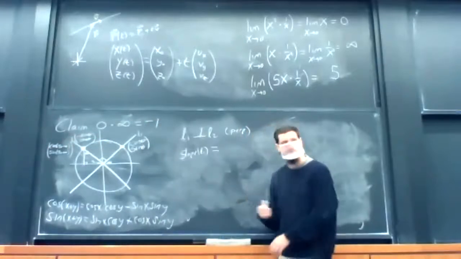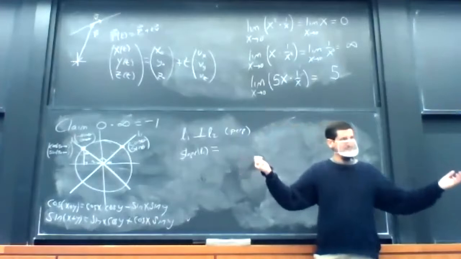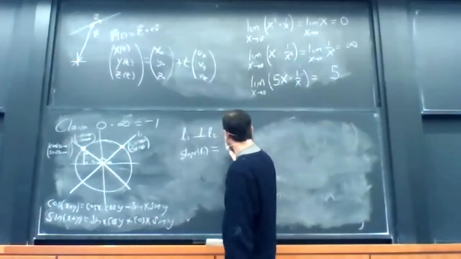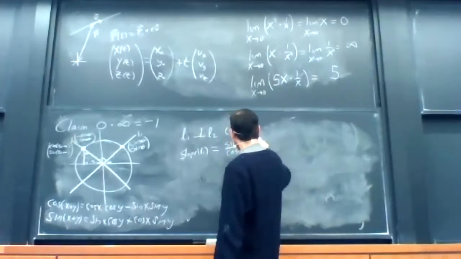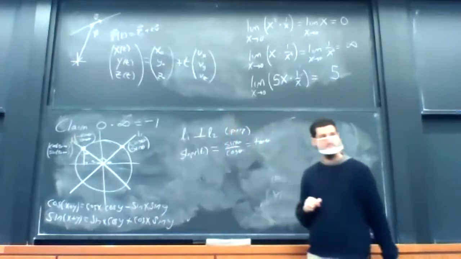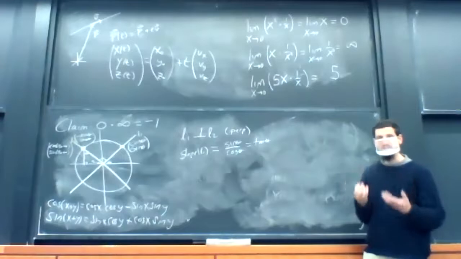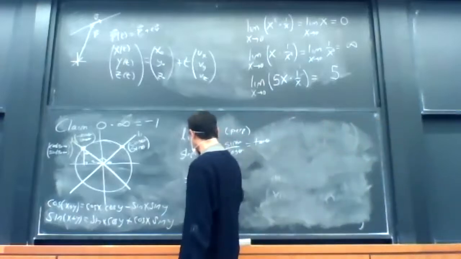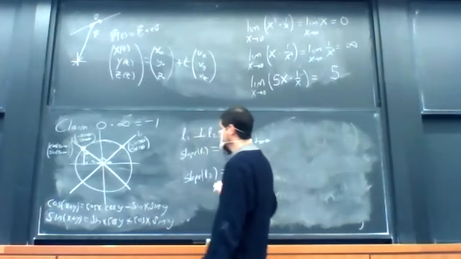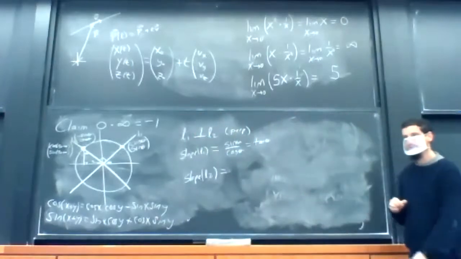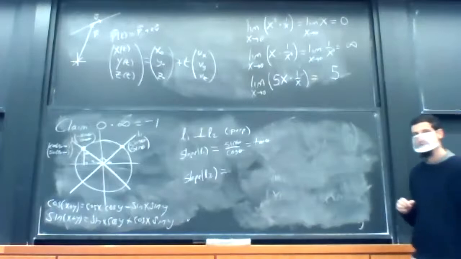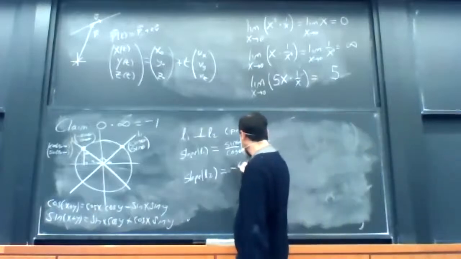Tangent theta. Change in y, sine theta over cosine theta, and that is tangent theta. See how nice it is that everything's on the unit circle? What's the slope of L2? Negative cosine theta over sine theta.